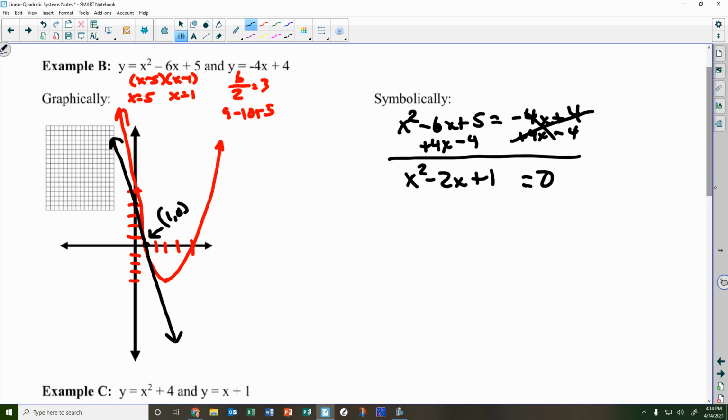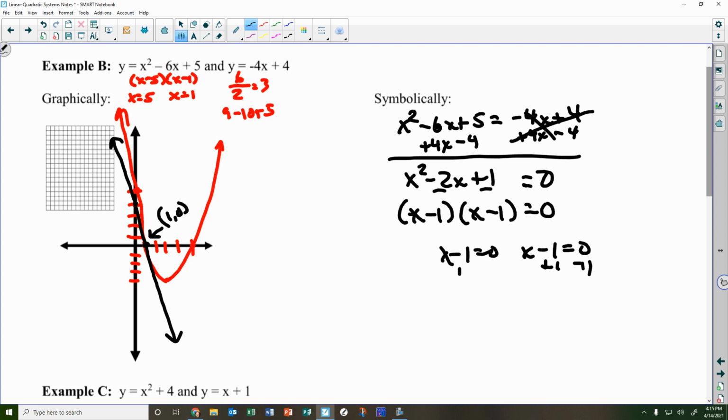Okay. Well, I know that's going to FOIL into x minus 1, x minus 1. Right? Because negative 1 times negative 1 is 1, and negative 1 plus negative 1 is negative 2. So set them equal to 0, well, they're the same thing. Add 1 to both sides. X equals 1, x equals 1.